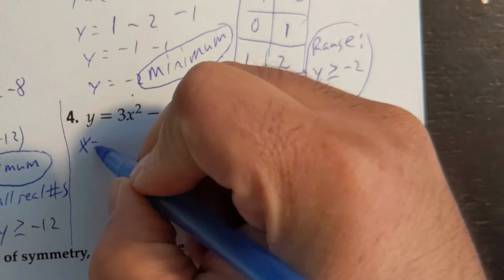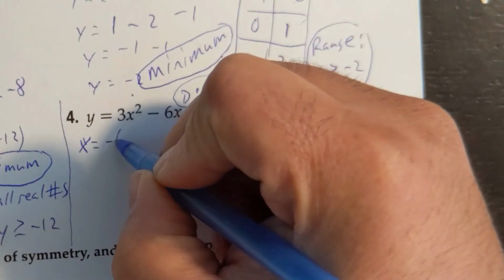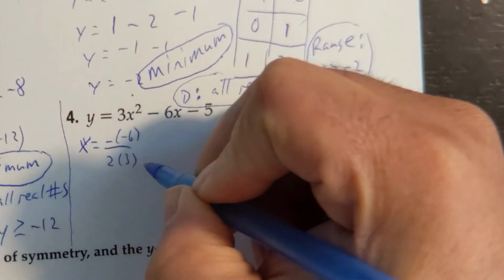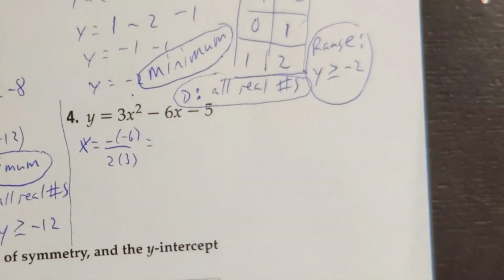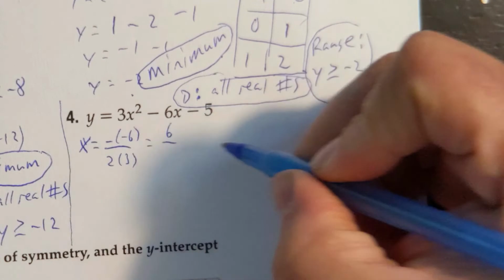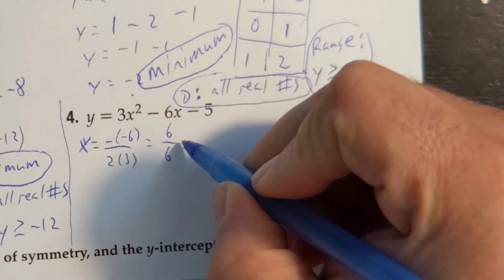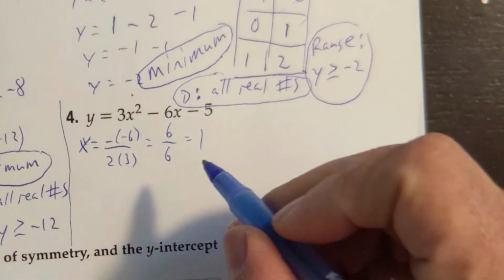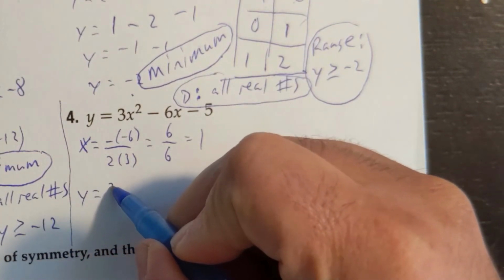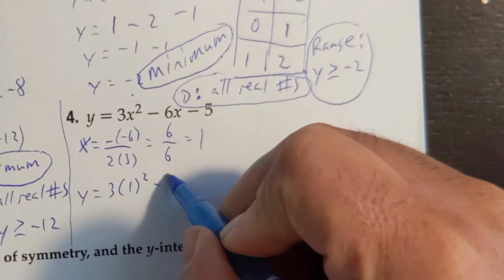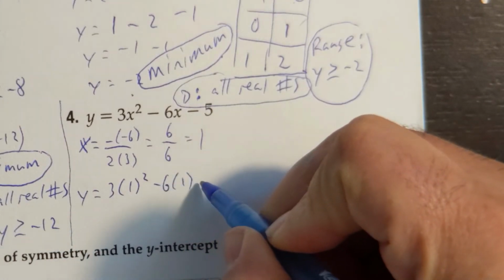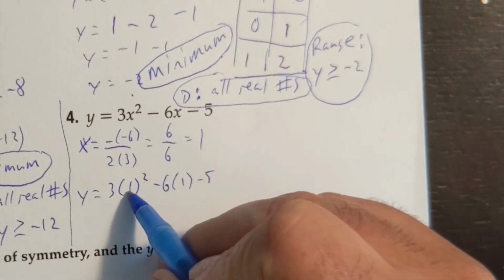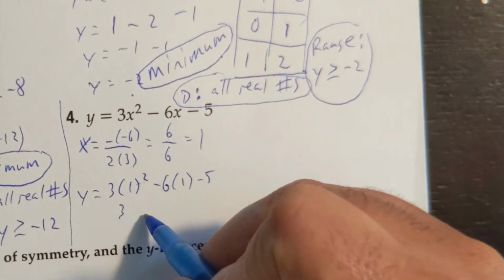x equals negative b over 2 times a. Negative negative 6, we're at positive 6. 2 times 3, we're at 6. 6 divided by 6, we're at 1. There's an x value, substitute it in. One squared is 1. 1 times 3 is 3.